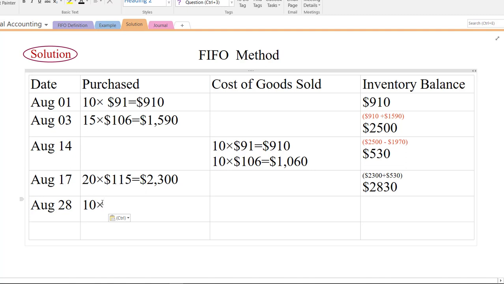So students, on August 28, there is a purchase of how many units? 10 units are purchased, and these 10 units are with the cost of 119 USD, which is equal to 1,190.